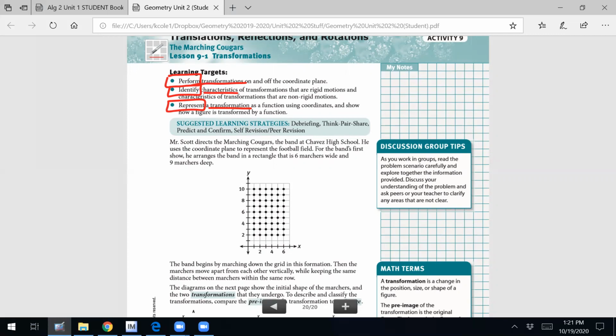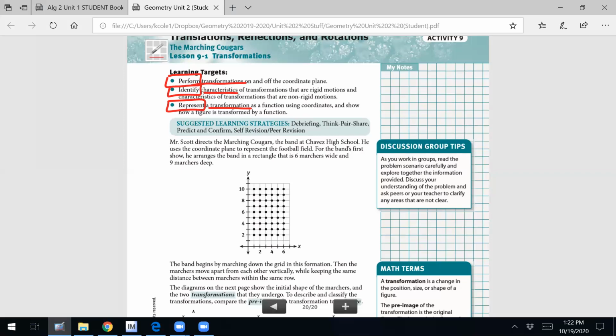It says the band begins marching down the grid in this formation. Then the marchers move apart from each other vertically while keeping the same distance between marchers within the same row. The diagrams on the next page show the initial shape of the marchers and the 2 transformations they undergo.